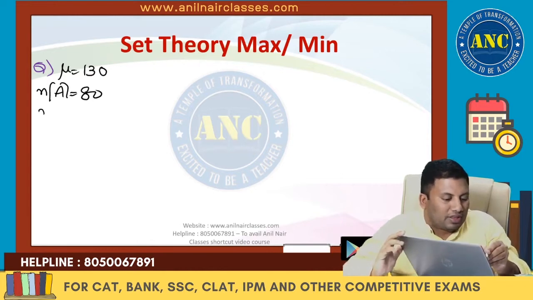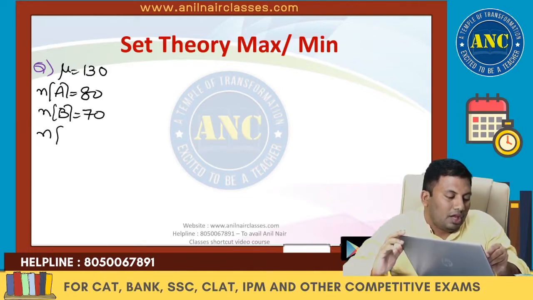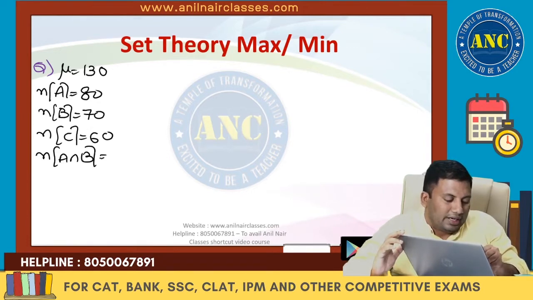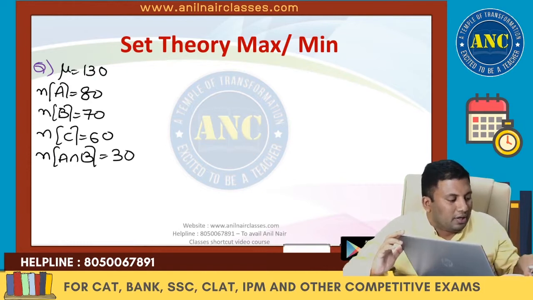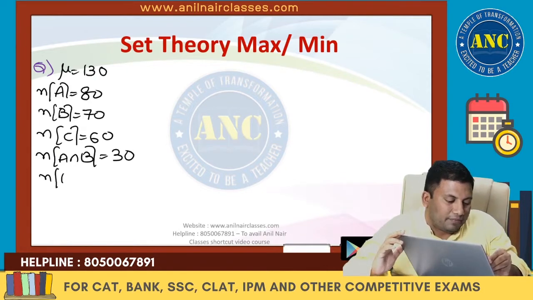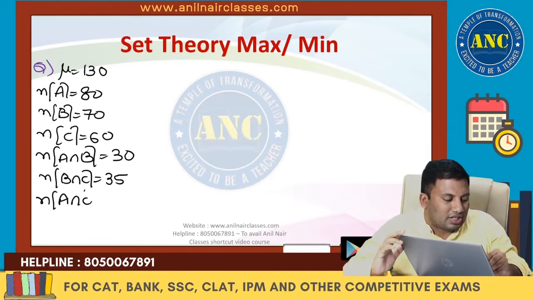Mu is 130, N of A is 80, N of B will be 70, N of C will be 60, N of A intersection B is 30, B intersection C is 35, N of A intersection C is 40.